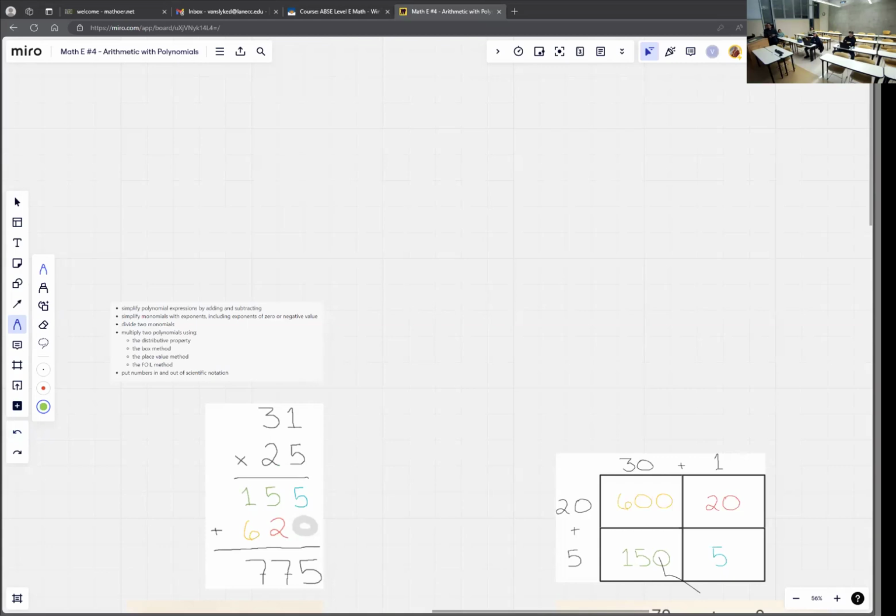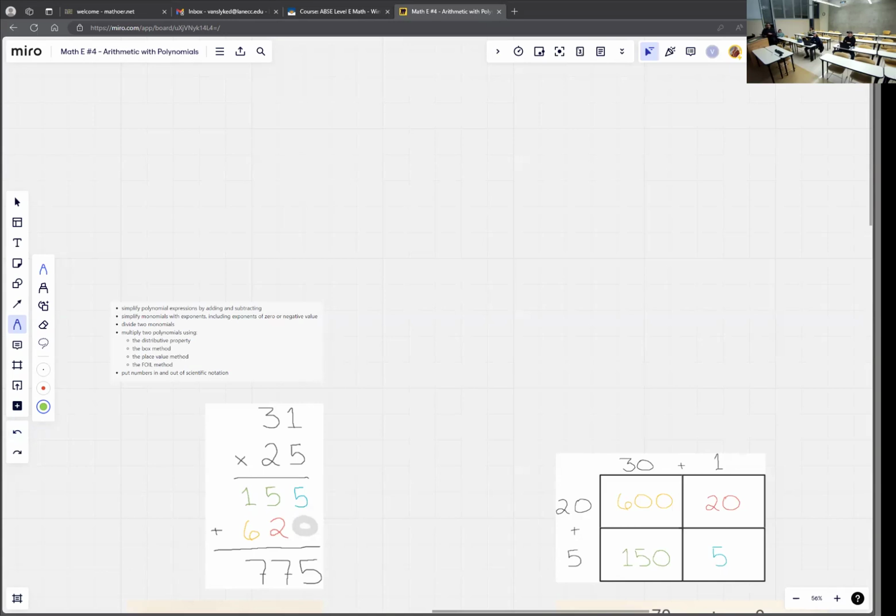Now, if you were my kids, what they learned in a more recent version of school was this box method. You take the 31 and you break it apart into tens and ones. 31 is 30 plus 1 across the top. And you break apart the 25 into 20 plus 5. And then it's like you're playing Battleship. We did some Battleship a couple weeks ago, so I know you know Battleship at least a little bit.